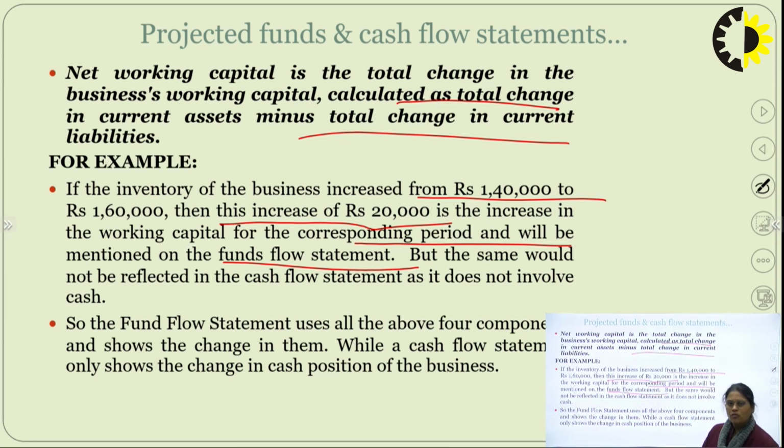It will show how much increment in the amount is in the company, but the same would not be reflected in the cash flow amount. The fund flow statement uses four components, while a cash flow statement only shows the cash position of the business.